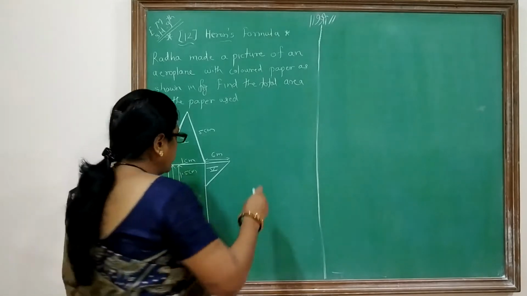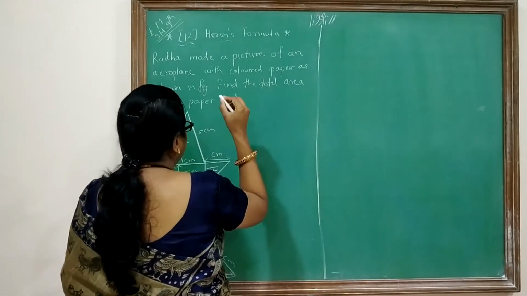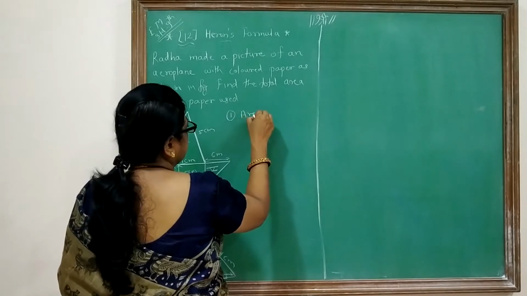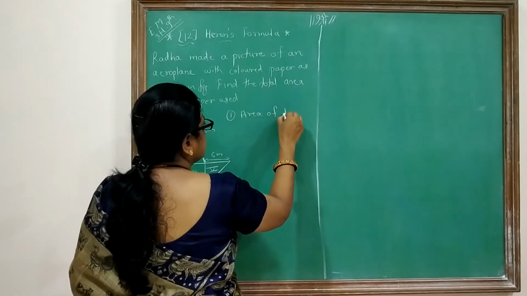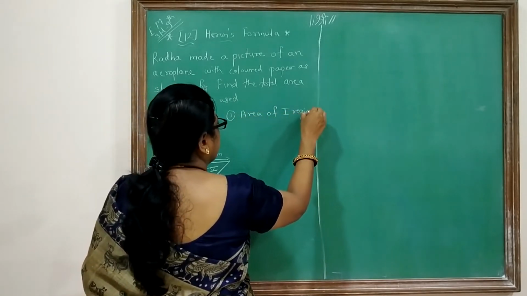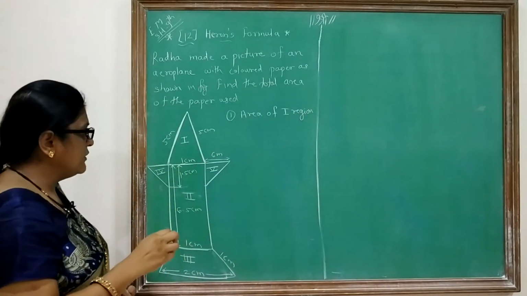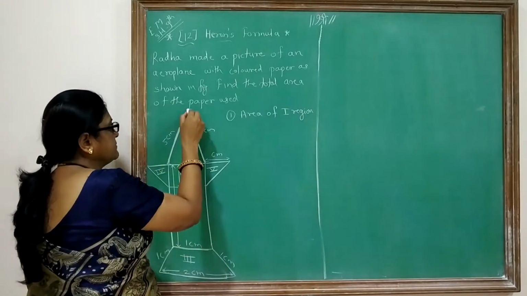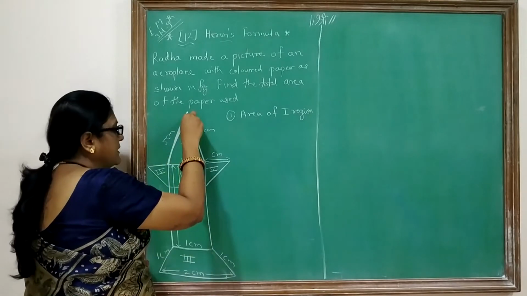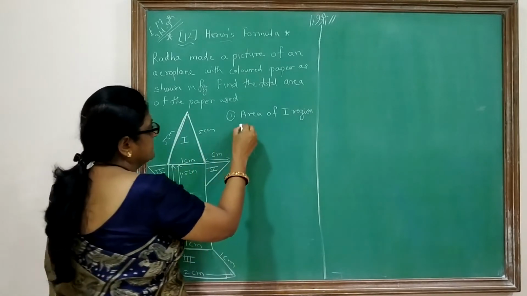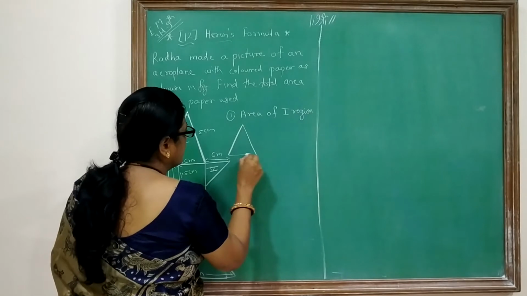Then you will first find the area of the first region. In the area of the first region, means only this part. Again draw the diagram.